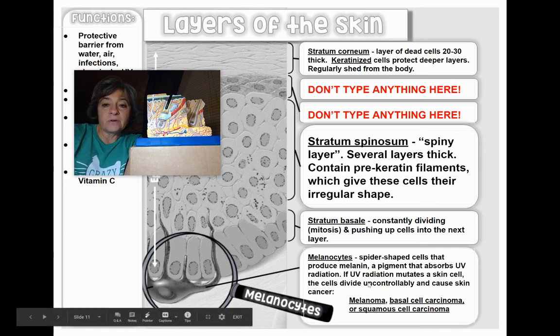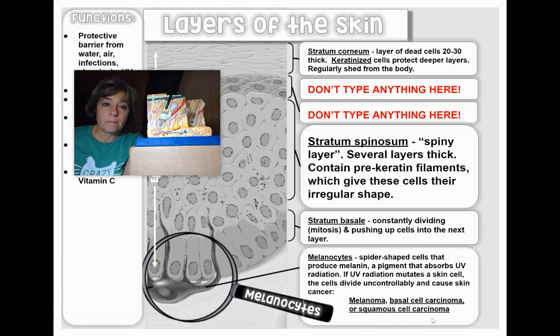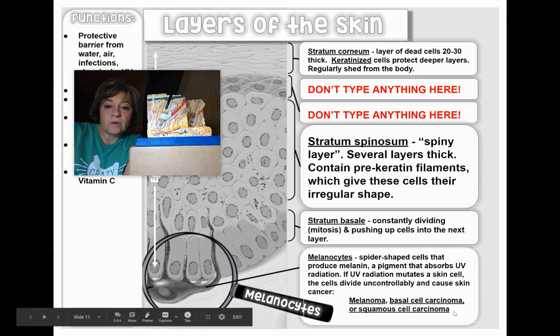Now, sometimes, if ultraviolet radiation mutates a skin cell, it can become cancerous. And these are 3 different kinds of skin cancers that you can have: melanoma, basal cell carcinoma, or squamous cell carcinoma. These carcinomas are more serious than melanomas, so you definitely have to protect your skin.